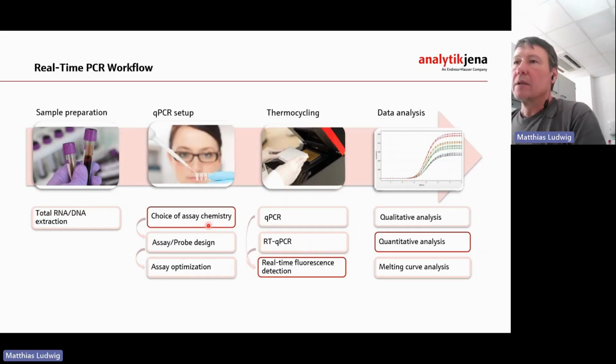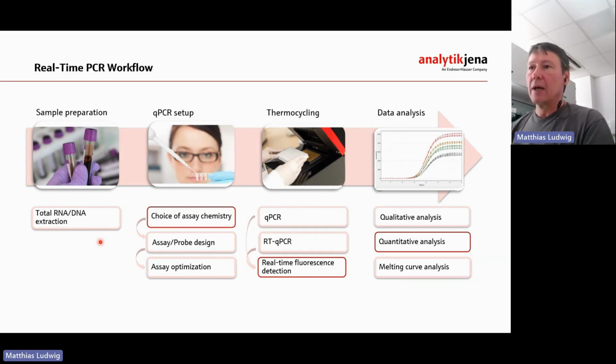The classical real-time PCR workflow is so that you start with your sample preparation. This is in principle the bottleneck, because if you have no good sample preparation, or you isolate or purify nothing, then it's not possible to detect anything.